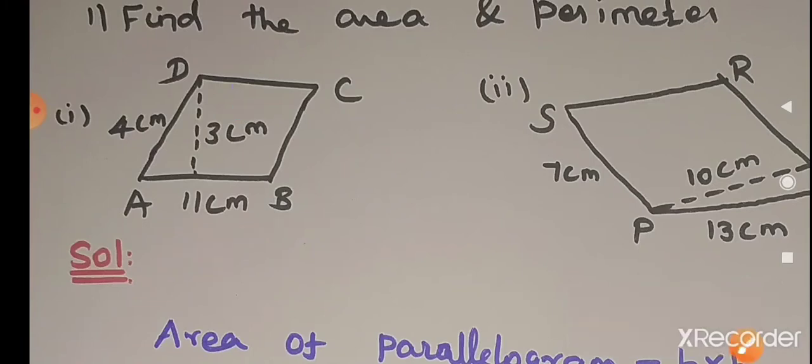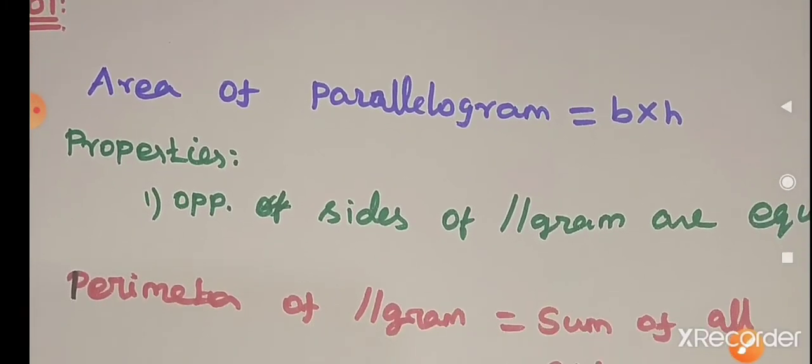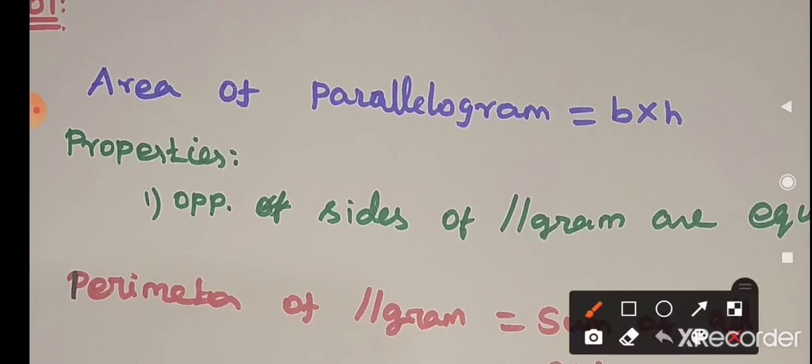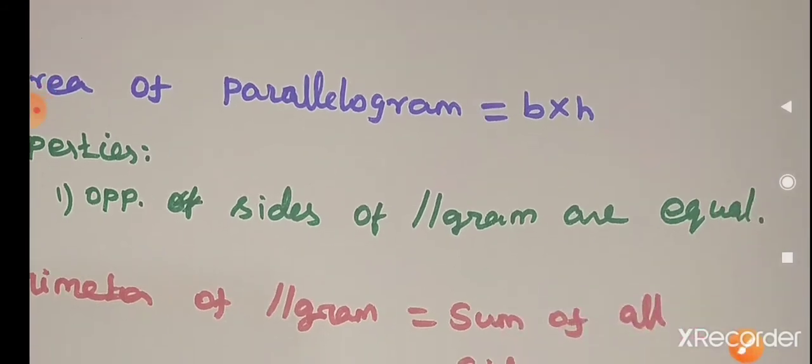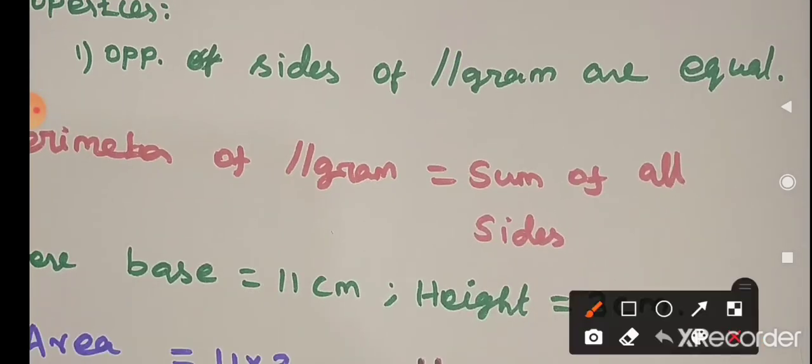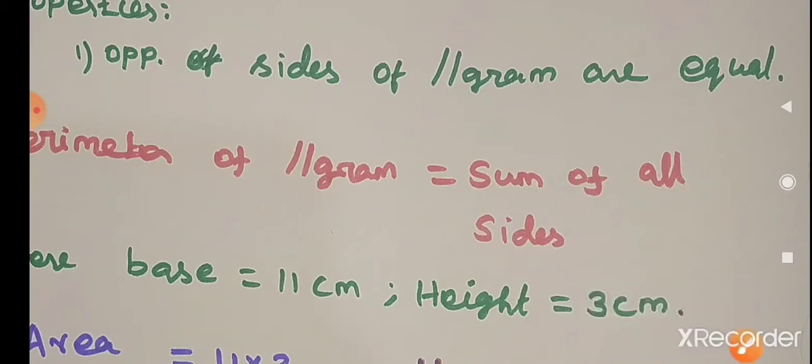The area of the parallelogram formula is base into height. Height is H. Properties of parallelogram: opposite sides are equal. The perimeter is the sum of all 4 sides.